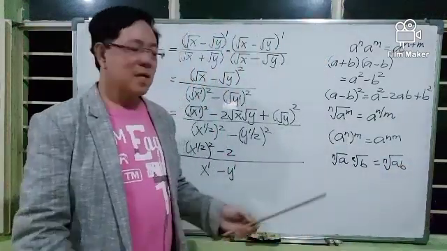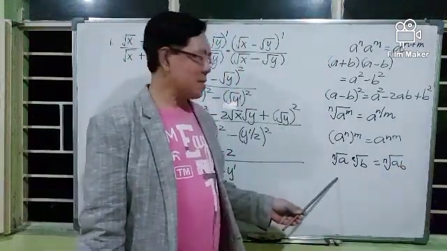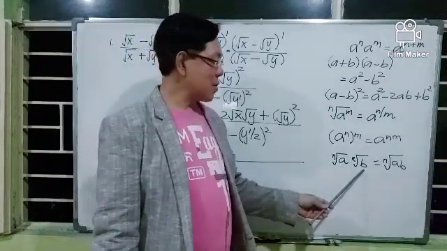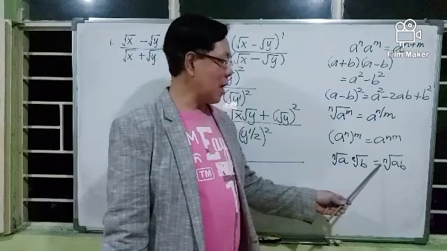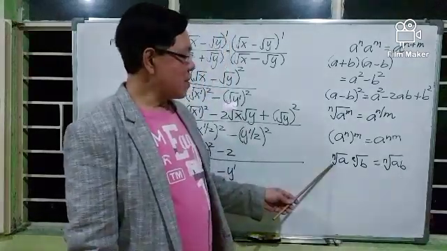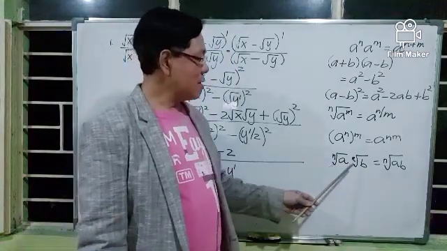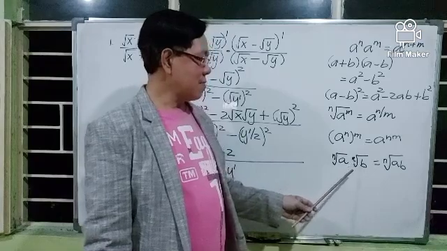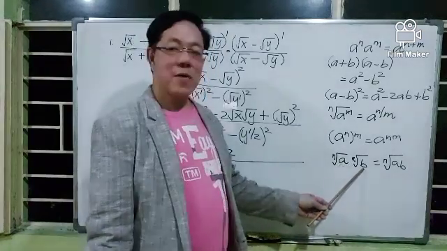In particular, this property of radical says that the nth root of A multiplied by the nth root of B is equal to the nth root of the product AB. The first radical index is n. The second radical, the index is also n. And they have different radicals.